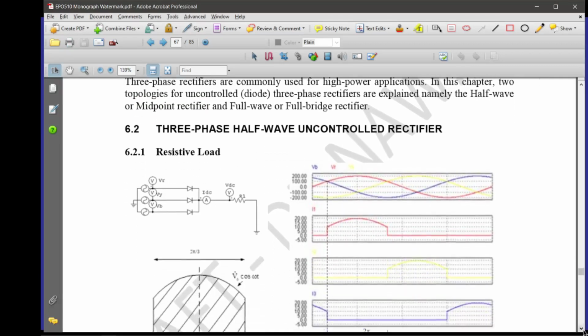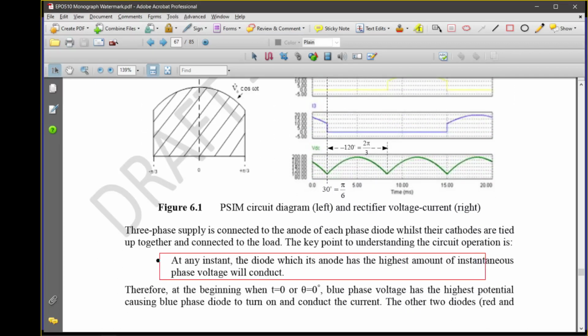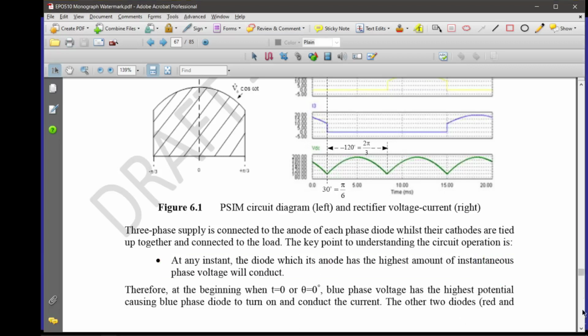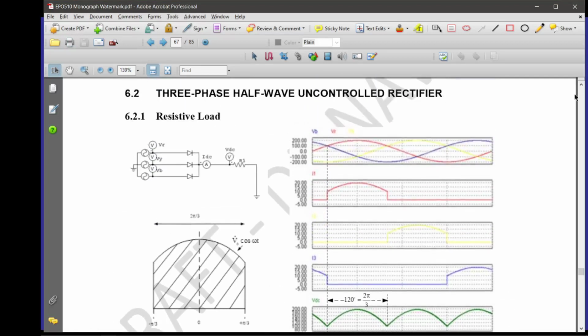And we looked into how the circuit works, whereby in order for us to determine which diode is on at any particular time, we apply this rule: at any instant, the diode whose anode has the highest instantaneous phase voltage will conduct. So if you look at the waveform, you can divide it and know which is the highest voltage.